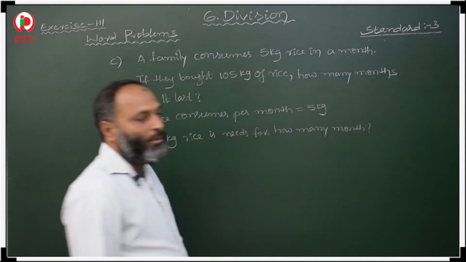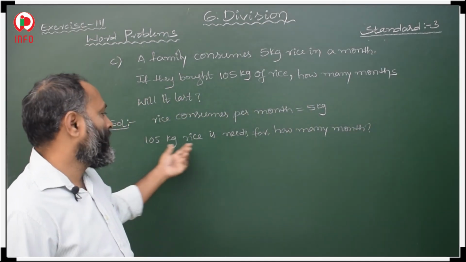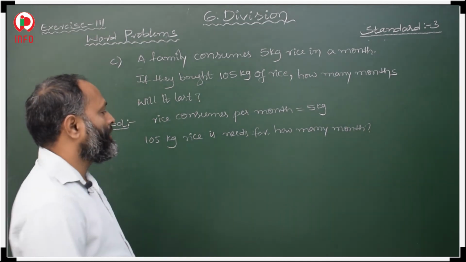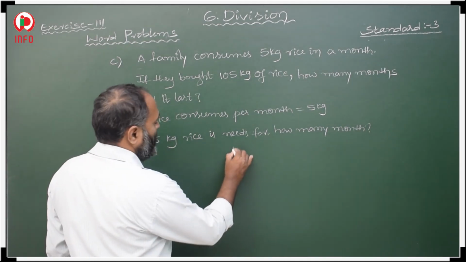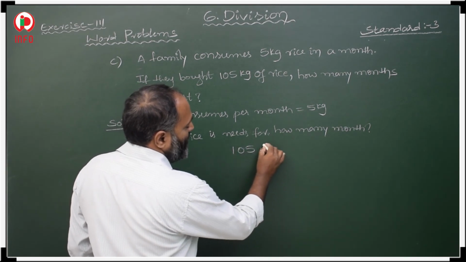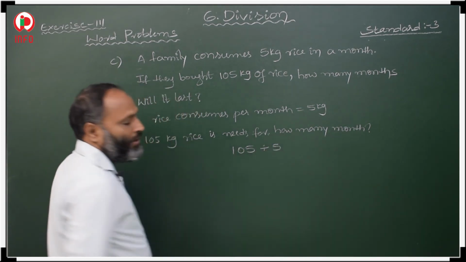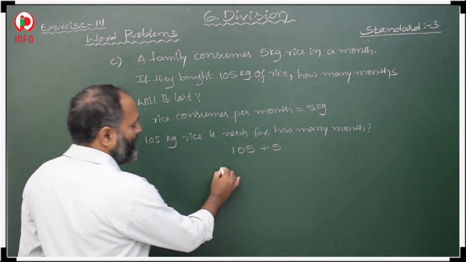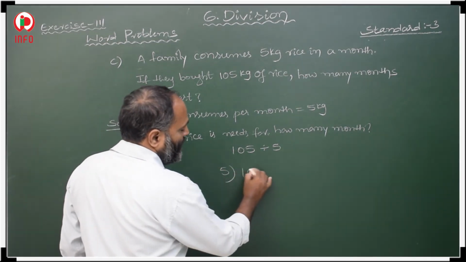How many months is this 105 kg rice needed? So what do we have to do? We have to divide this 105 kg rice by this 5 kg. Now you divide 105 by 5.